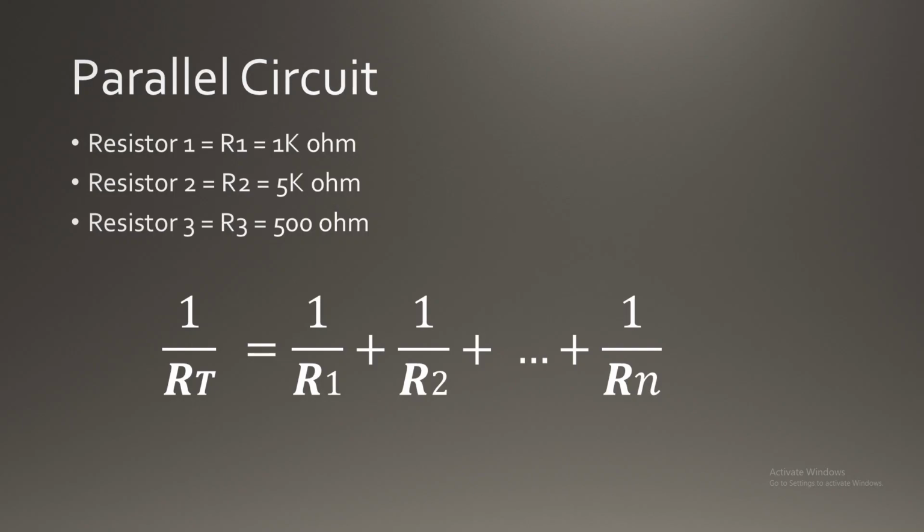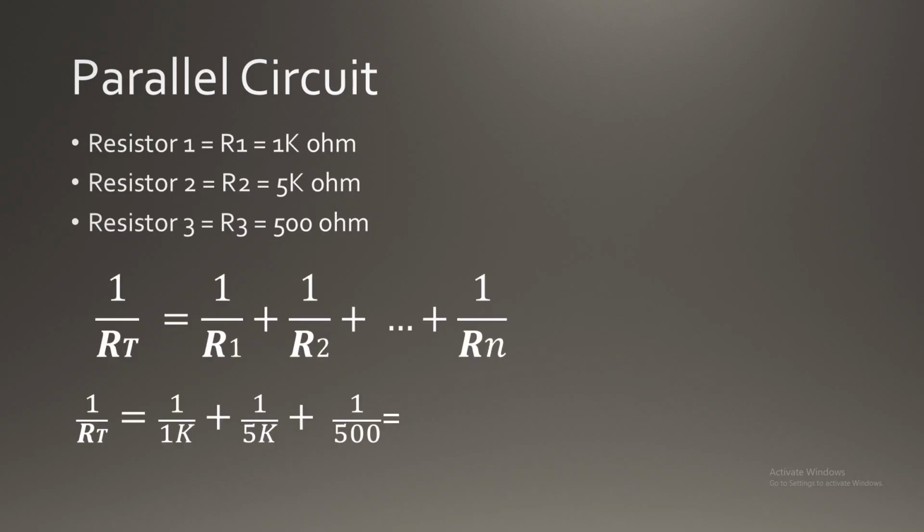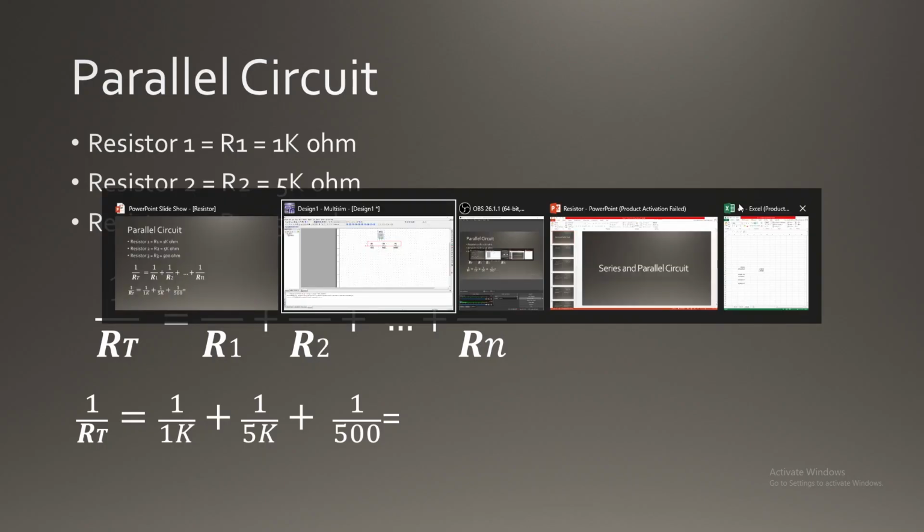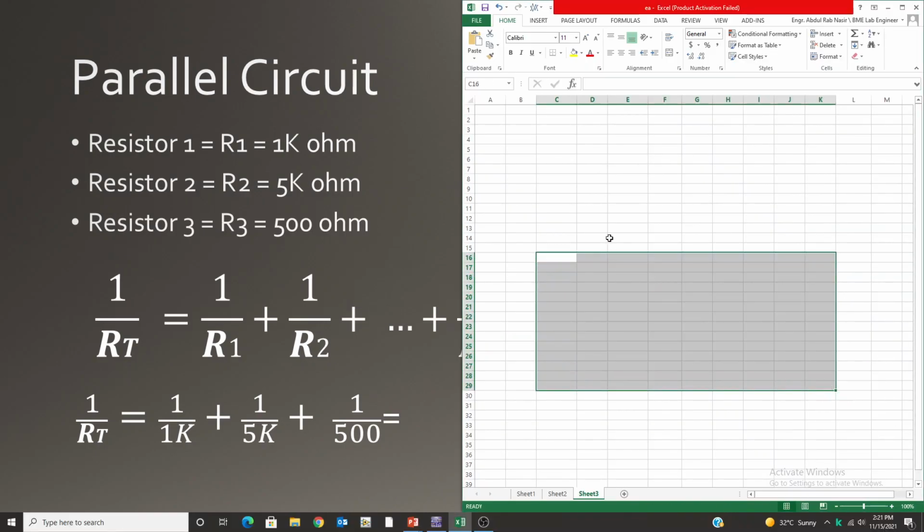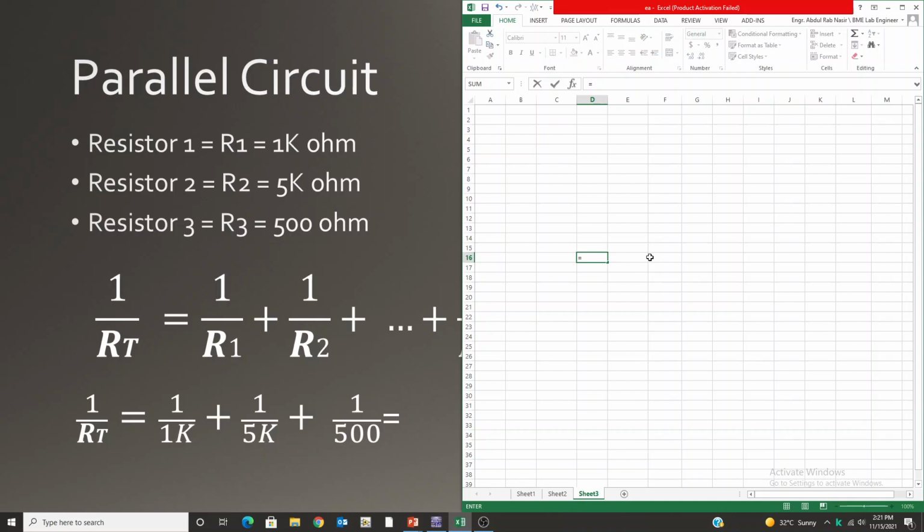So here we have three resistances, so we can put it like this, and we can do its calculation in Excel, which could be easier for us. 1 upon 1000, 1 upon 5000 and 1 upon 500. It's 1k, it's 5k and it's 500.